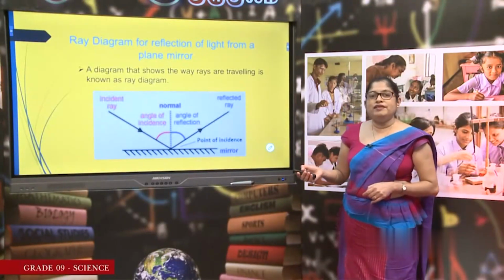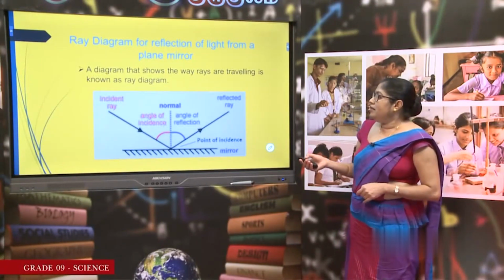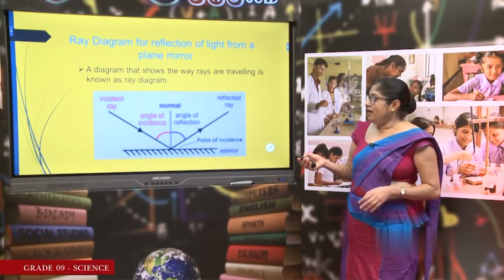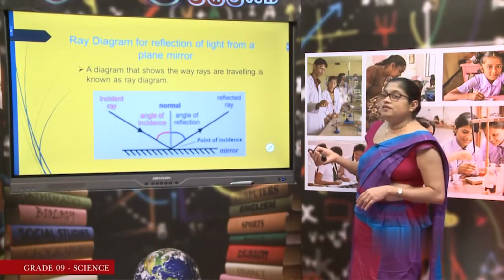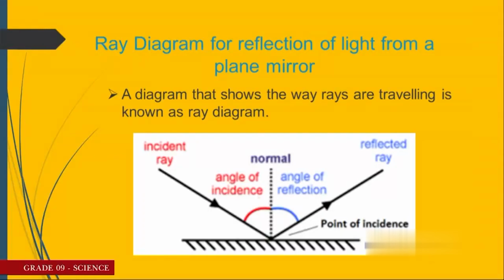This is called a ray diagram. A ray diagram is a diagram that shows the way light rays are travelling. So, let us define the parts of this diagram. The light ray that is falling on the mirror is known as the incident ray, and the light ray that is bouncing back from the mirror is known as the reflected ray.